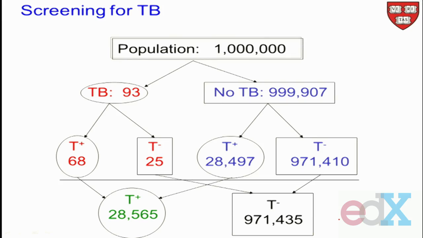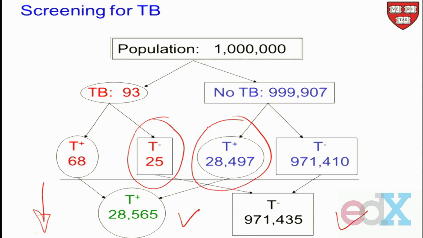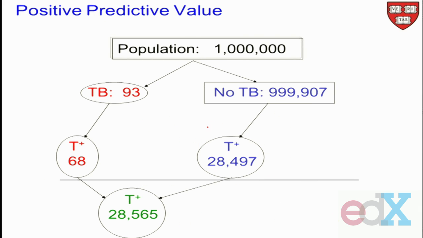We just see below the line. We see how many tested positive and how many tested negative. And because it's an imperfect test, because we have some false negatives, and because we have some false positives, these numbers down here are a little problematic. Typically, we are interested in finding out how many of these positives are truly positive.